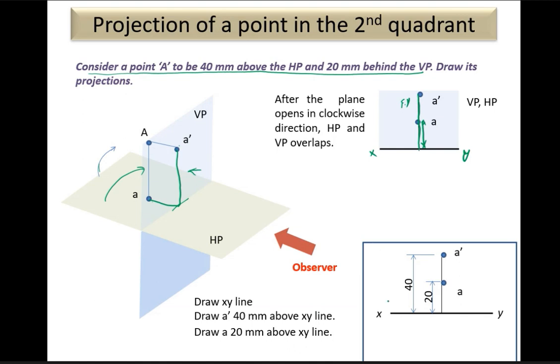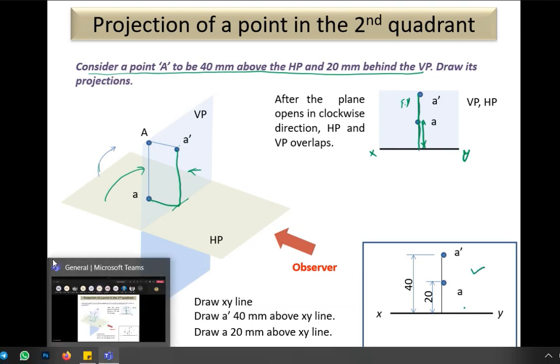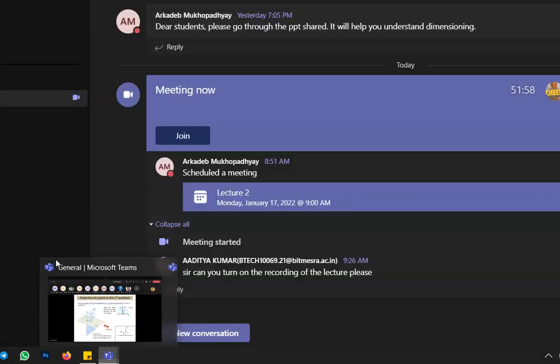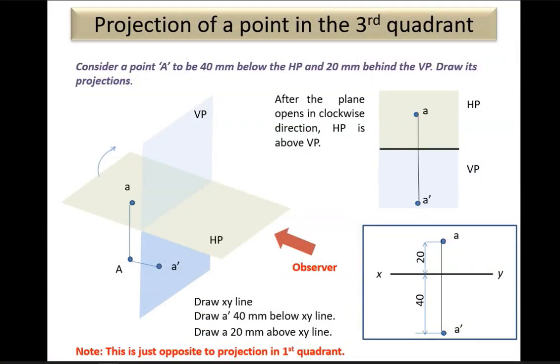So for the second quadrant, your projection will look like this. Is it clear? Now let's see the third case, the projection of a point in the third quadrant. We'll consider a point to be 40 mm below HP and 20 mm behind VP. Once we read this line, 20 mm behind VP and below HP, it should immediately strike our mind that it is in the third quadrant.